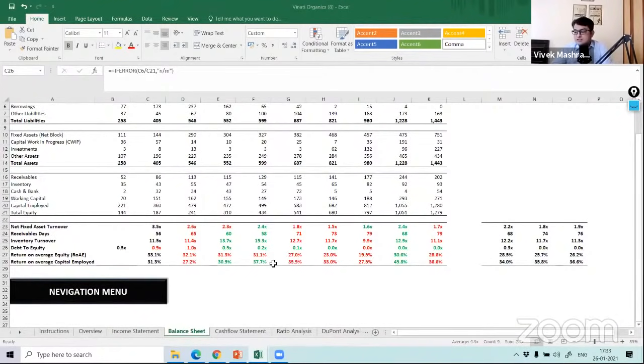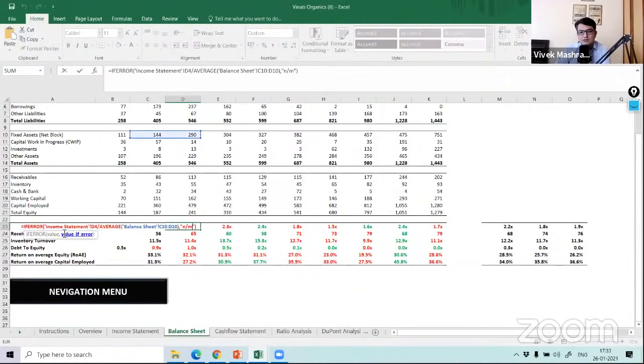The second thing which the balance sheet gives you an idea of is the net fixed asset turnover, and you have to again merge it with the turnover, that is sales, and all the formula I've embedded here. So in simple terms, what this particular thing does is it will go to the income statement, go to the sales part, and then divide it by the fixed asset, the net fixed asset after the cumulative depreciation.